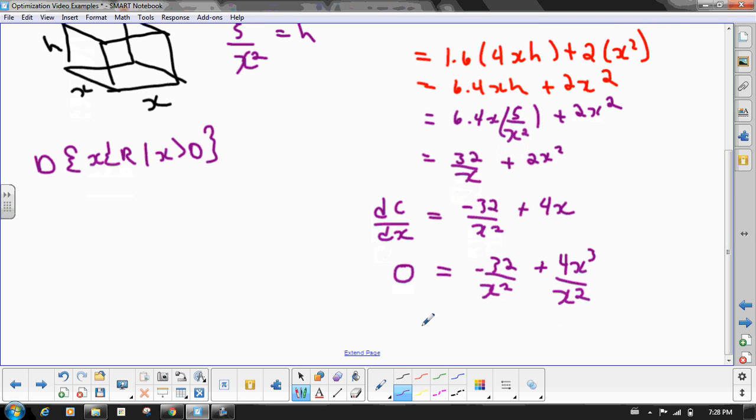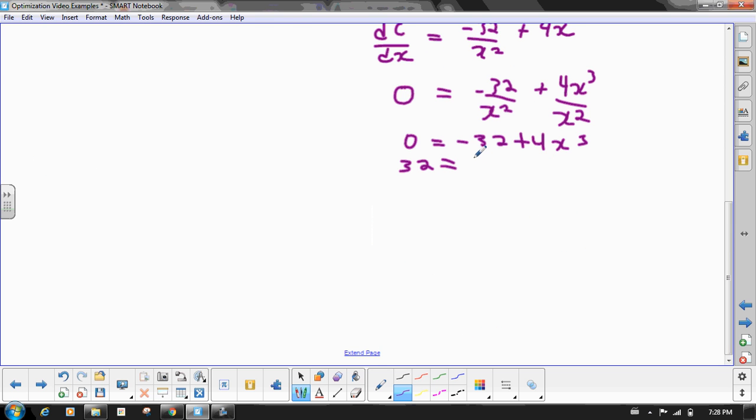So I'm going to multiply everything by x squared, so I get 0 equals negative 32 plus 4x cubed. So 32 equals 4x cubed. 8 is equal to x cubed. 2 is equal to x. So I found my dimension of x to be 2.